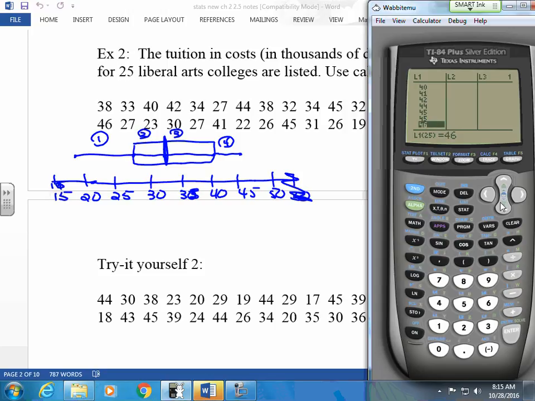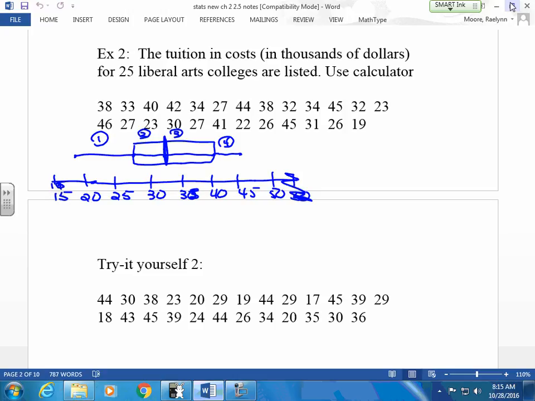So a box and whisker kind of lets us look at our quartiles. We also have what we call an IQR. This is an interquartile range.